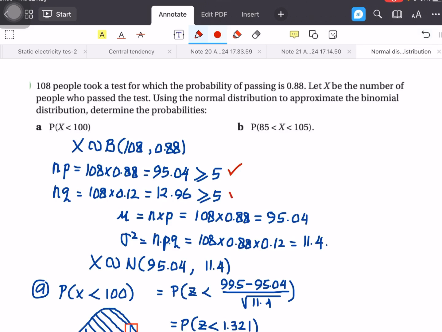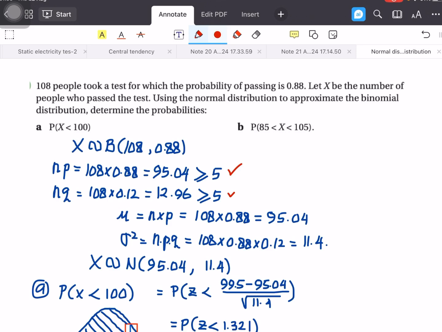It's also greater than 5. So since both np and nq have a value bigger than or equal to 5, it means that we can use normal distribution to approximate binomial distribution.